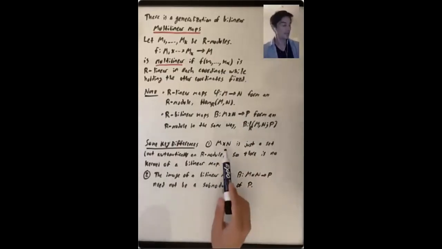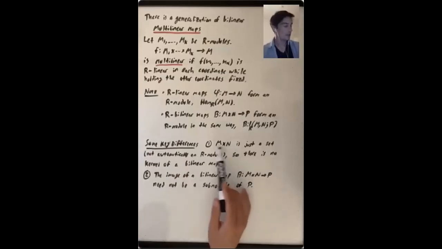And this isn't automatically an R module. So we remember, we can give the direct product the structure of an R module by having the ring act on the pair little m little n by taking r dot (m, n) to be (r dot m, r dot n). That's not a natural thing to do from the perspective of bilinear maps.